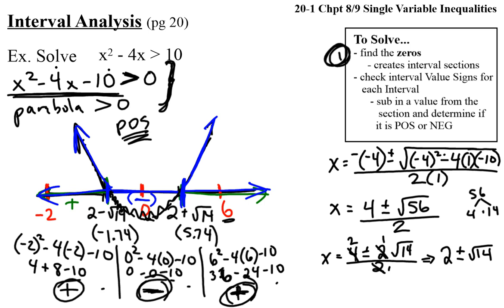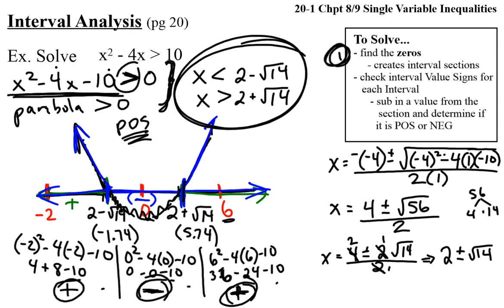So our solution would be for the x values less than 2 minus root 14, and also for the values greater than 2 plus root 14. Not equal to, because we're not equal to there. There's our answer. Little different, manageable, but again, a little quirky.